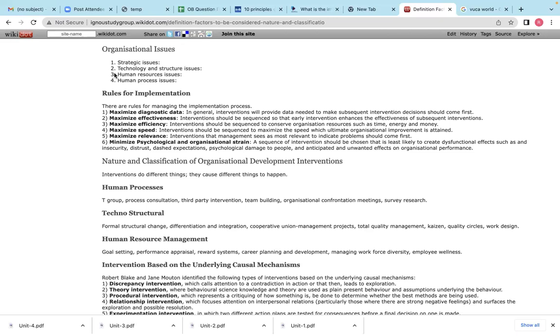And in the process issues, for example, how well you are engaging them, what is the managerial relationship between a manager and subordinate. Those things are human process related issues. Okay, so that's about the types of issues that could come.